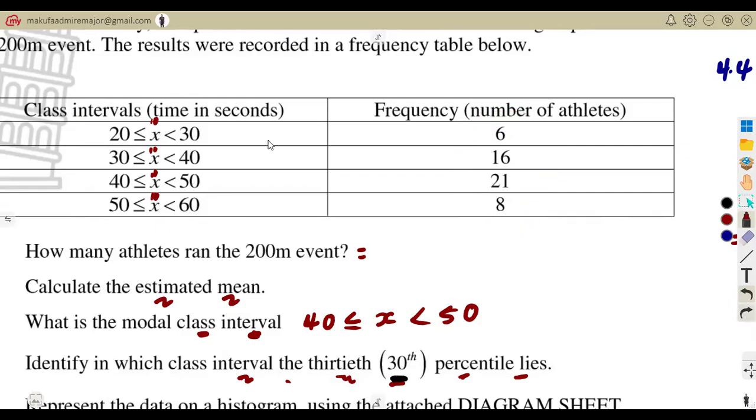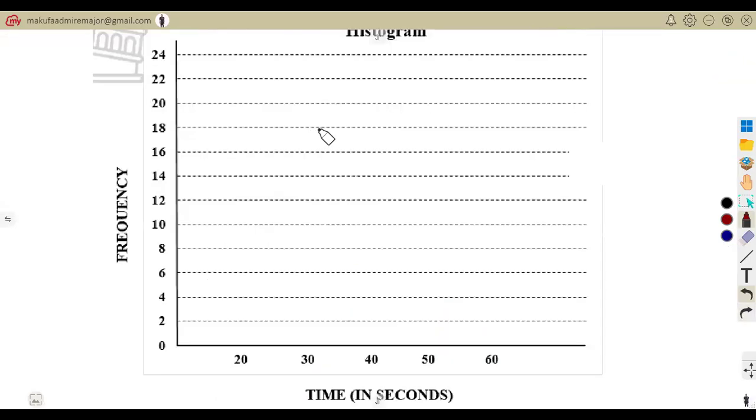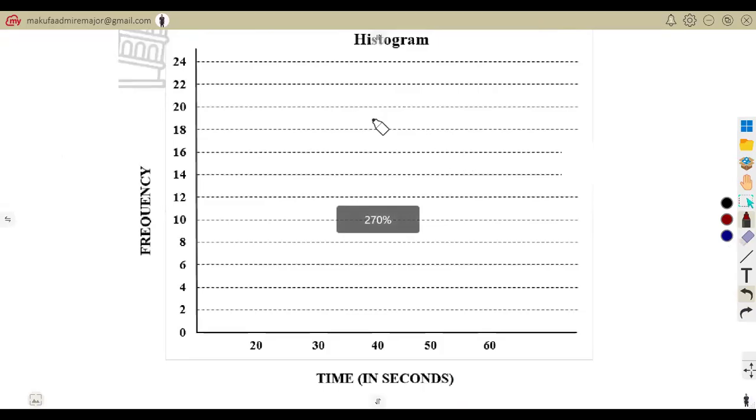So you're given this diagram sheet so that you can be together. This is part of our diagram sheet. We have our histogram. They presented it, it is them who gave us. So you have to follow the way they presented it from 0, 20, and so on.